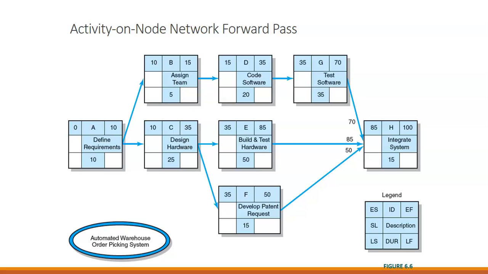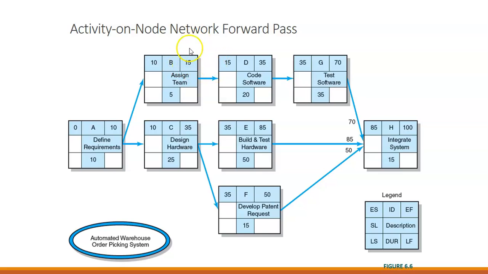When we're looking at forward paths, what are the earliest dates? Well, if A takes 10 days, the earliest day we can start B is after 10 days. That's our early start. Our duration, you can see this legend down here in the corner. The duration for B is 5 days.